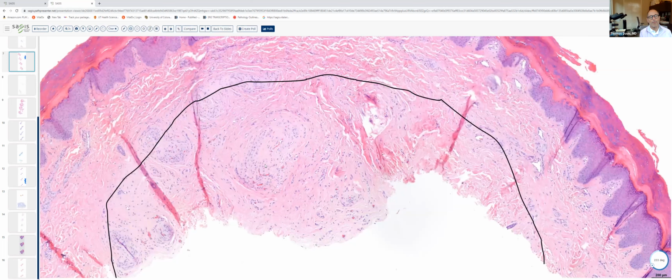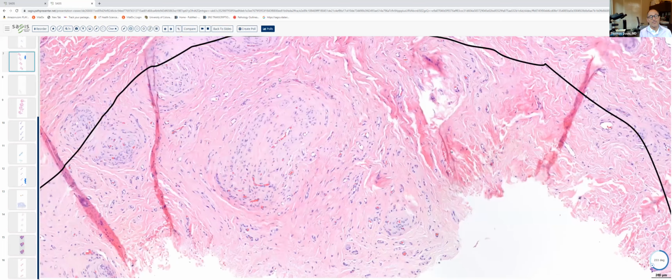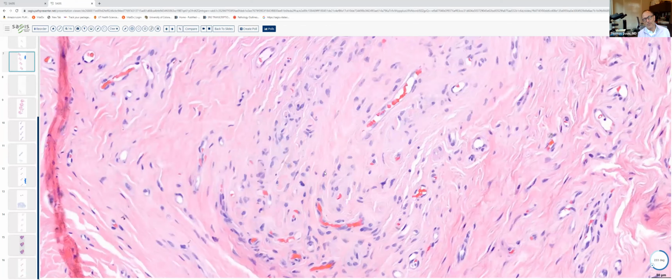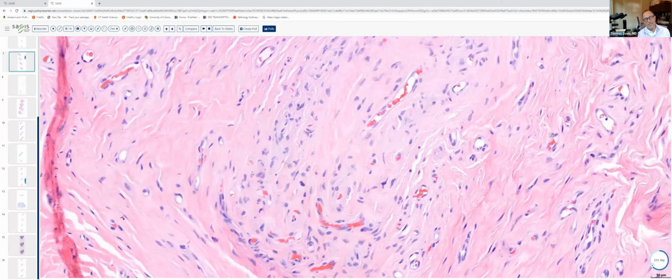And if we move to higher power, we can see that this lesion is composed of fascicles and or nested aggregates of cells embedded within a somewhat fibrotic stroma. Some of these cells have spindled or fusiform shaped nuclei. A few are characterized by a more epithelioid proliferation, and there are dilated vessels present within this lesion.